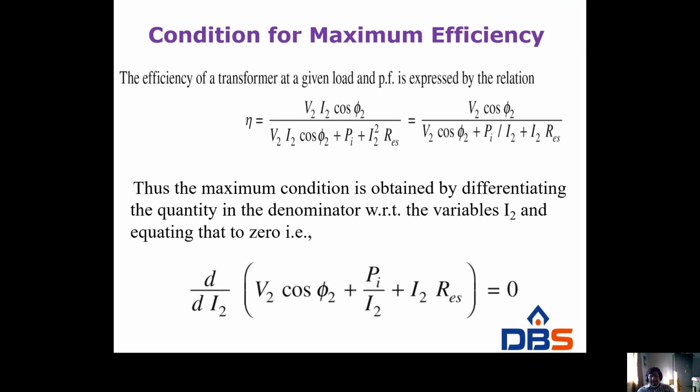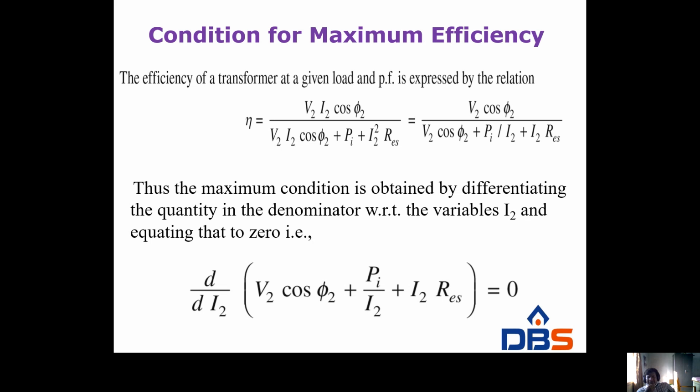Now we are calculating the condition for maximum efficiency. For any equipment, it may be a transformer or a DC motor or a DC generator, or any other transmission lines or distribution lines, whatever it may be, to find out the maximum value, we have to differentiate the equation with respect to the particular parameter and then equate it to 0.